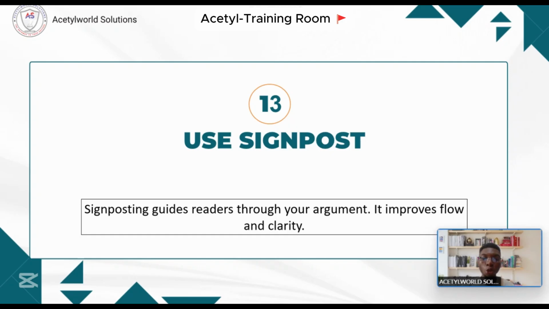Another last thing that you need to know is how to guide your readers, because all these statements, you don't just write everything without direction. It will not make sense. So for clarity's sake, signposts guide readers through your argument. It improves flow and clarity.